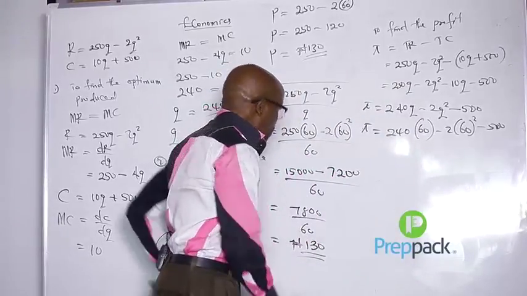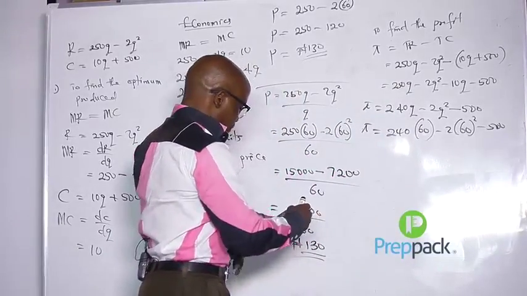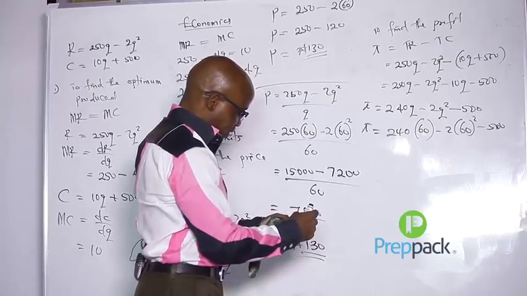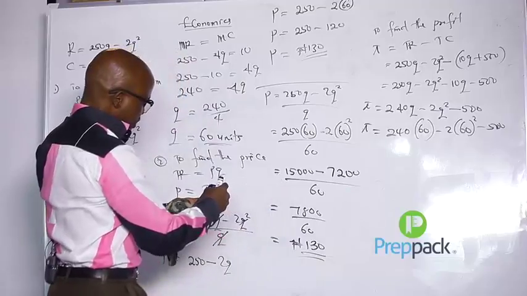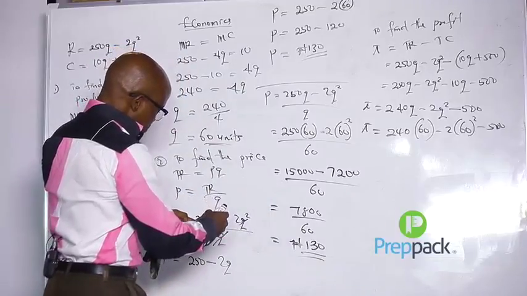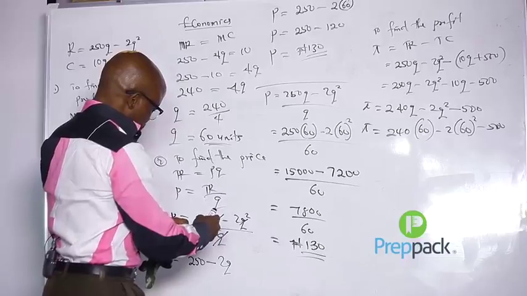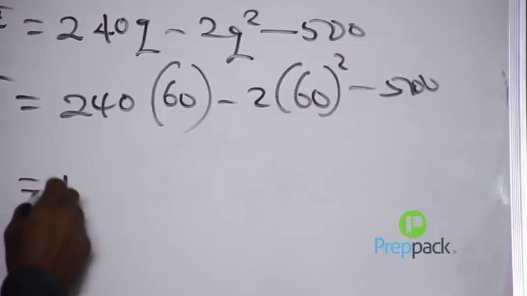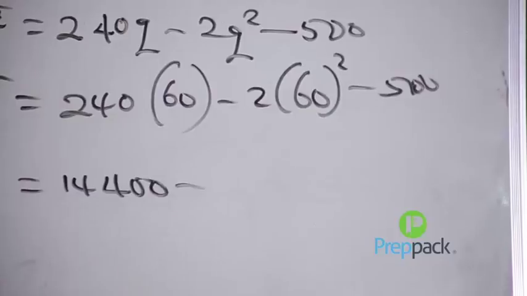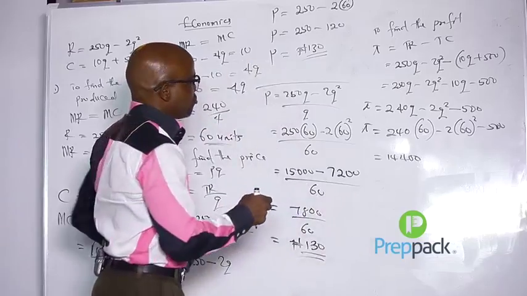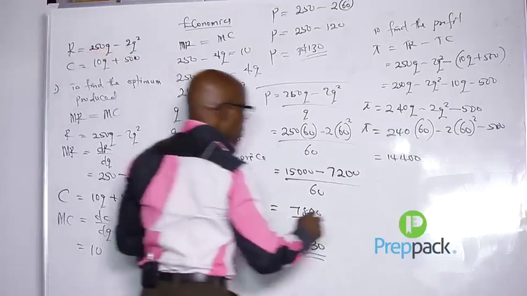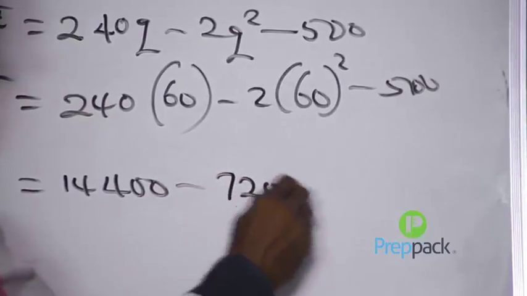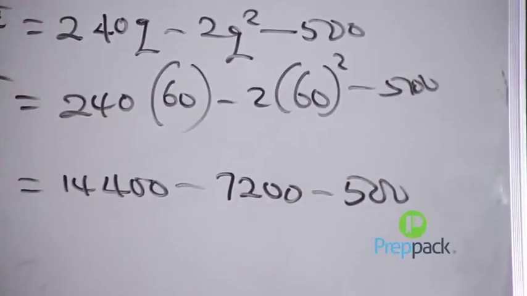Let's check our calculator again. 240 times 60, we get 14,400. 14,400 minus 60 squared times 2. So 60 squared times 2 gives us 7,200. Then minus 500.